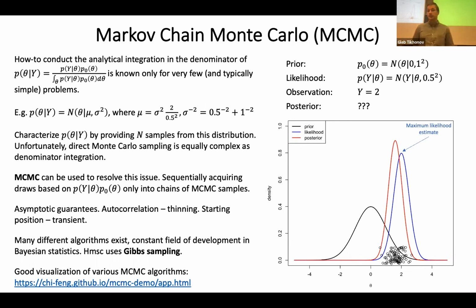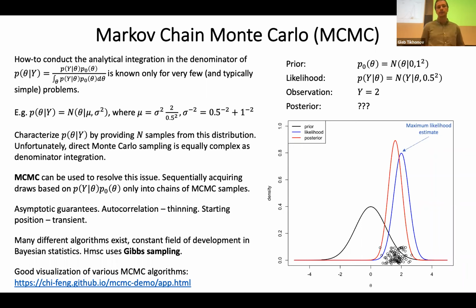So when it's not possible analytically, one common approach is to characterize the posterior by obtaining some samples from such a distribution. So once we have samples from this distribution, these samples represent the distribution because they were drawn from it.